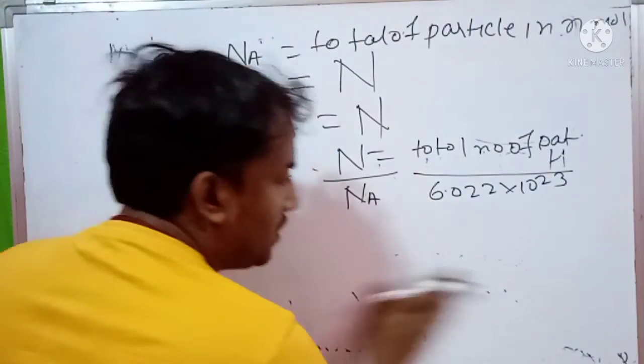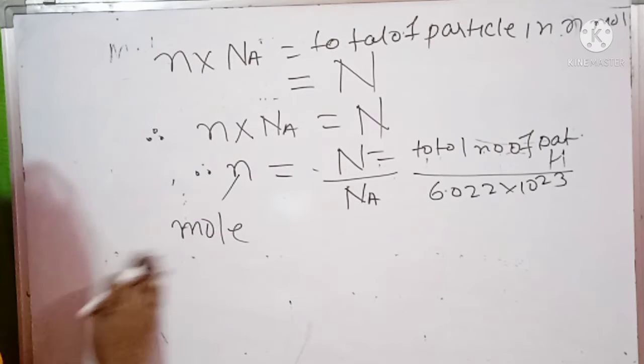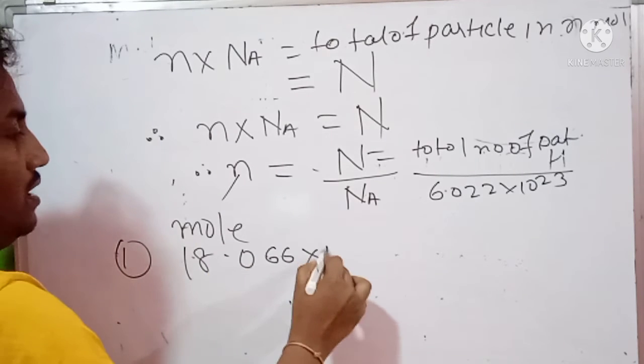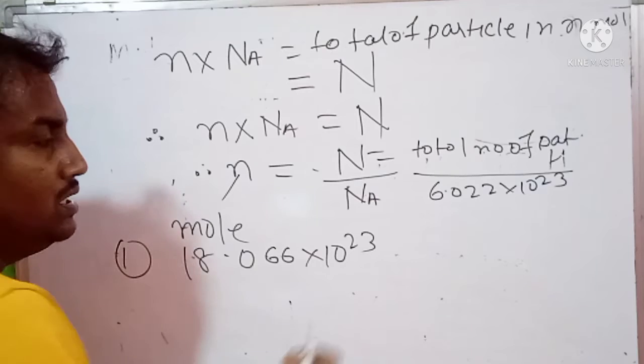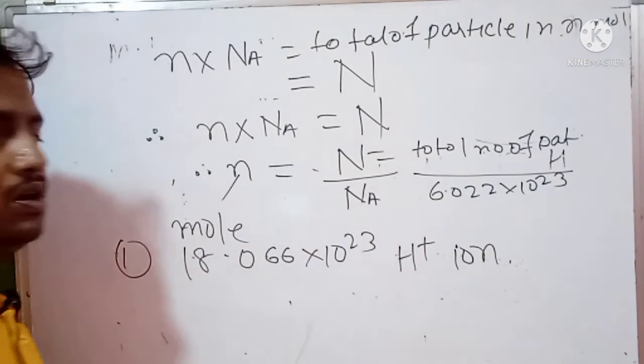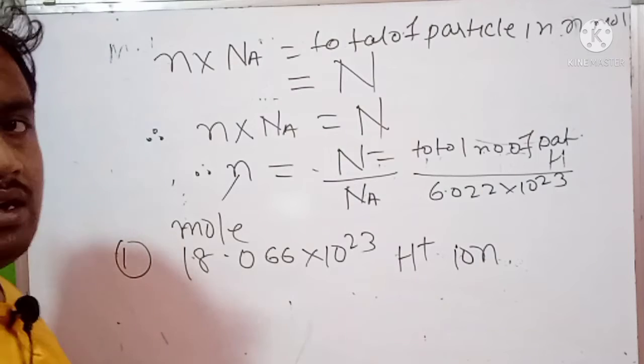Let us have an example. Suppose we have 18.066 into 10 raised to the power 23 H plus ions.